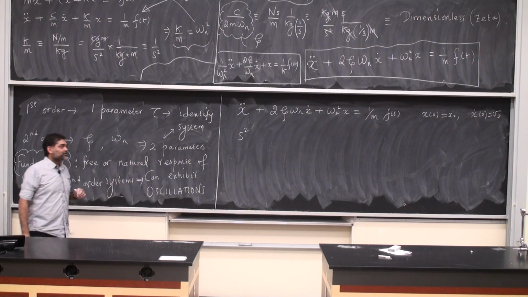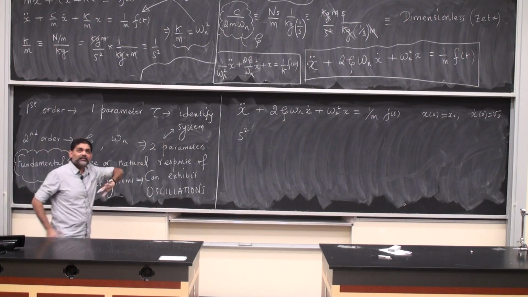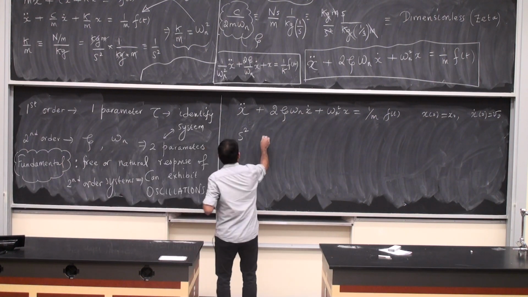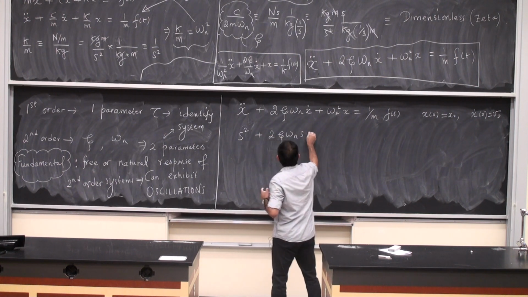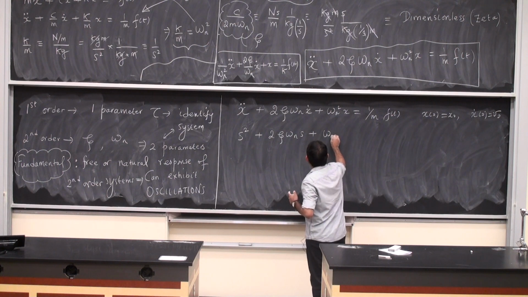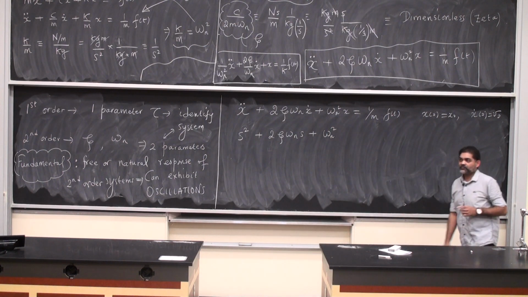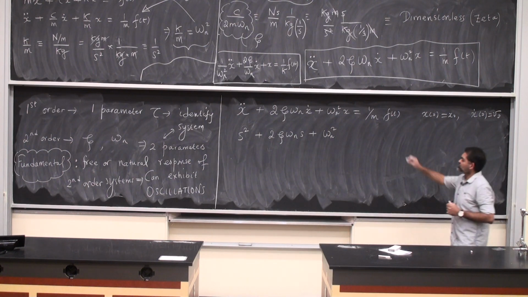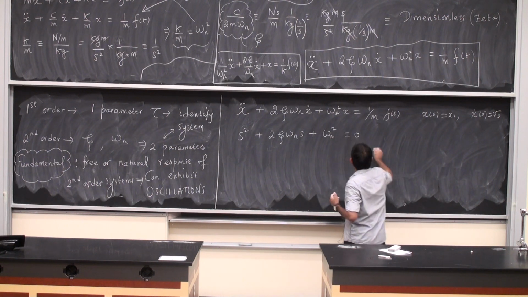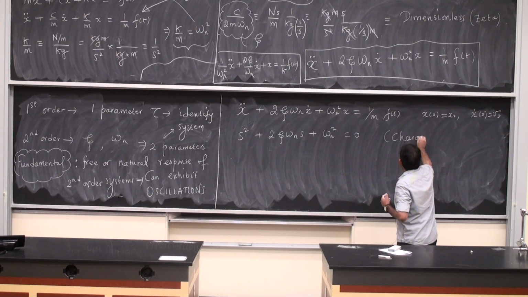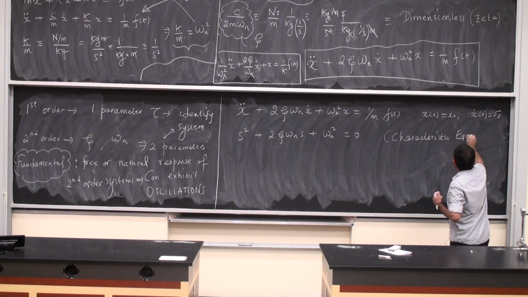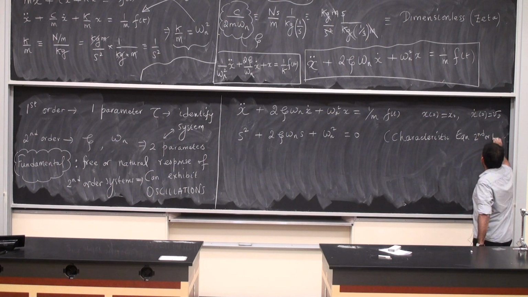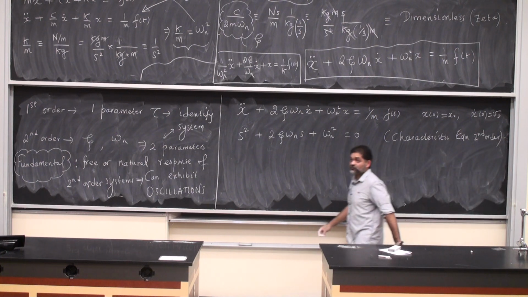From the second term, discounting all the initial conditions because they're not an inherent property, we're looking at the characteristic equation: s squared plus 2 zeta omega n s plus omega n squared. This is the characteristic equation. I'll set it equal to 0 to find the roots. This is the characteristic equation of second order.